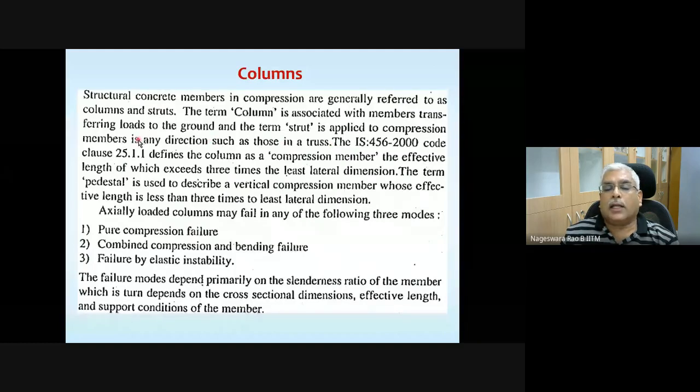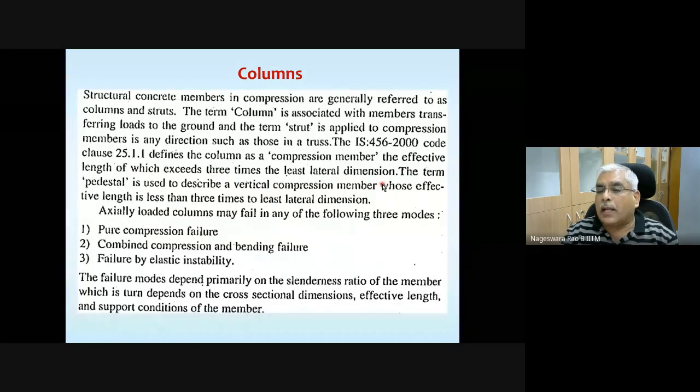Okay, there is a typing mistake here. IS 456-2000 code defines column as a compression member, the effective length of which exceeds 3 times the least lateral dimension.